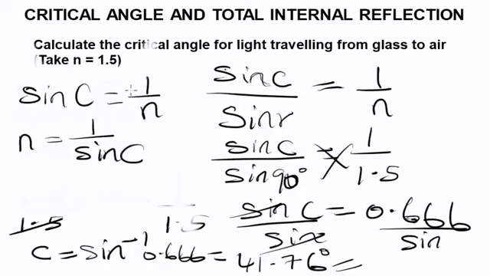So this is the relationship. This is basically how you can solve problems involving critical angle, use it to determine total internal reflection, and also identify the relationship between the two of them.